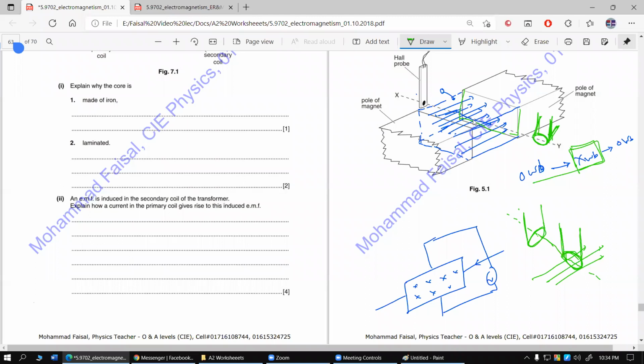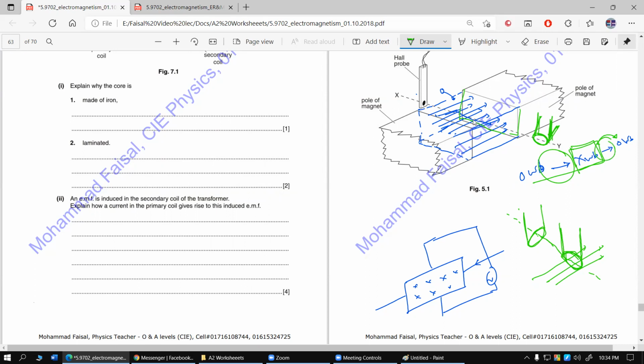কারণ EMF produce হওয়ার জন্য আমাদের কি দরকার? Change of magnetic flux linkage দরকার। But এই কেসে আমাদের change of magnetic flux linkage হচ্ছে না। The coil is moving, but it is traveling from same magnetic field strength to same magnetic field strength. So the change of magnetic field strength, or in other words, the change of magnetic flux linkage, is not happening. When the coil comes out of the magnetic field region, the magnetic flux linkage drops to zero again. তার মানে হচ্ছে when the entering will happen, at this point we're going to have a spike of EMF.